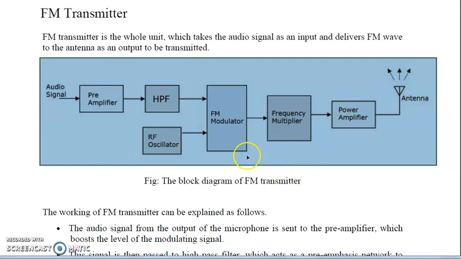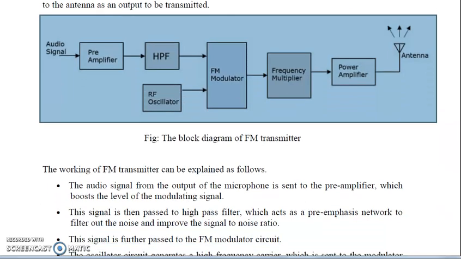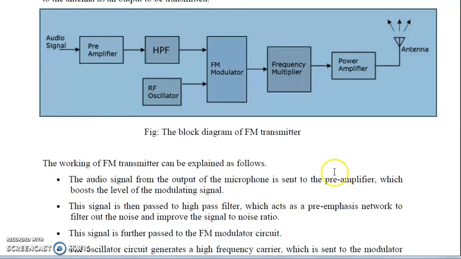So this is the complete block diagram of FM transmitter, and in this FM transmitter, the first block is the preamplifier. The audio signal from the output of the microphone is sent to the preamplifier.